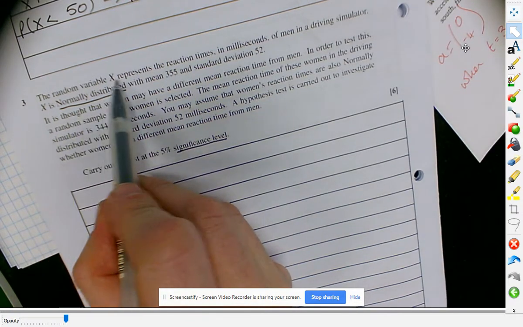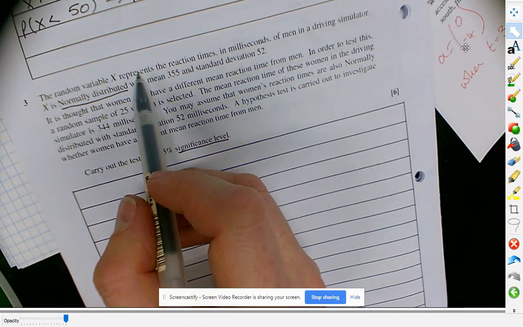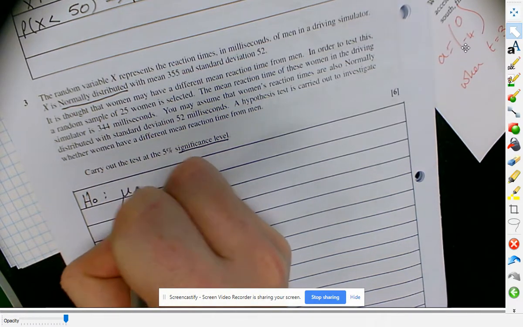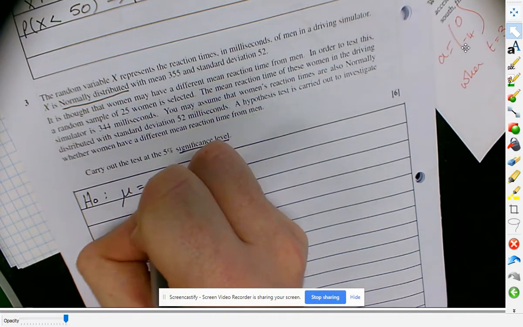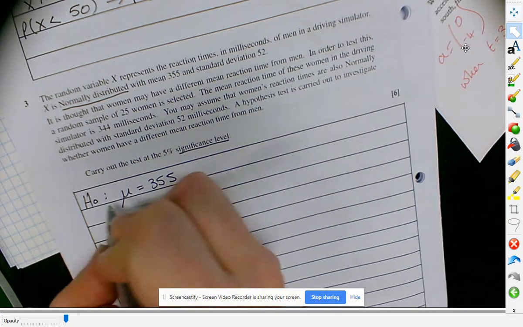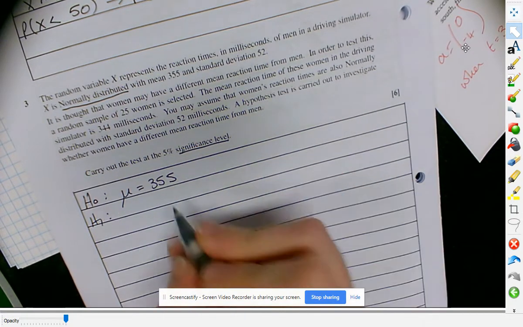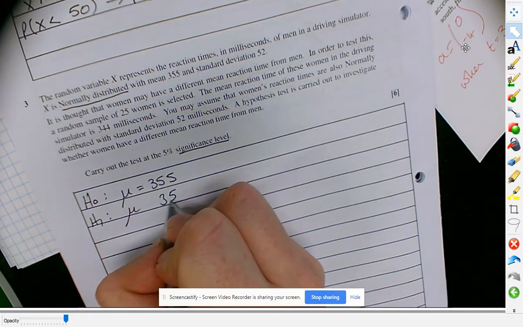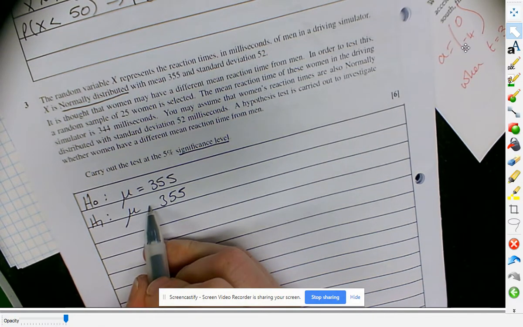They're already telling me what X represents, so I don't need to write that down again. So H0 is that mu is the mean that I've been given. H1 is that mu, and I've got to work out, is that greater than, less than, or not equal to?